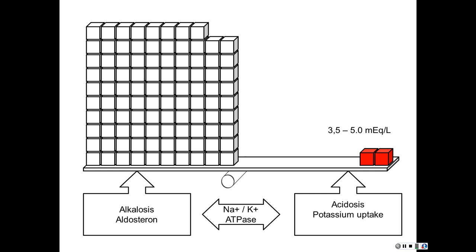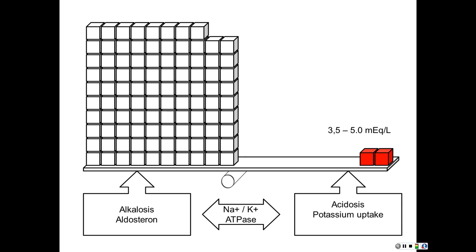And really 98% of our potassium is intracellular, and that's why whenever we have to give potassium to someone who has low potassium, we actually have to give a lot of potassium because we have to give enough for the intravascular space plus the redistribution into the intracellular space, which is many times larger than the intravascular space.